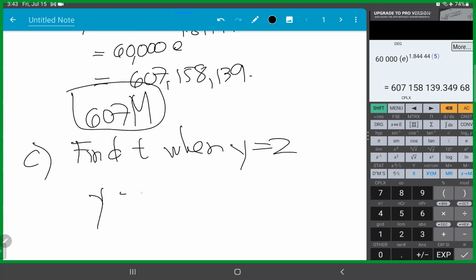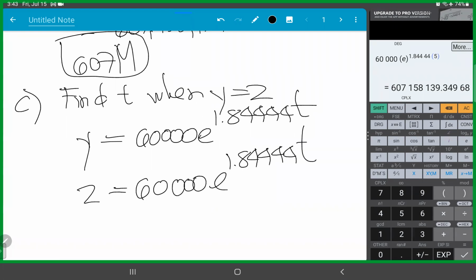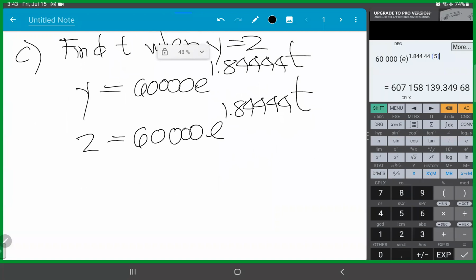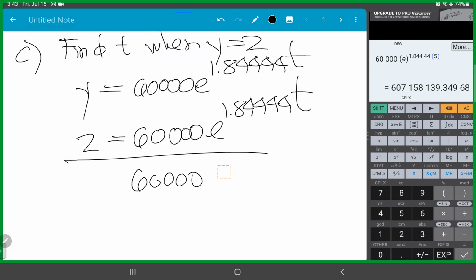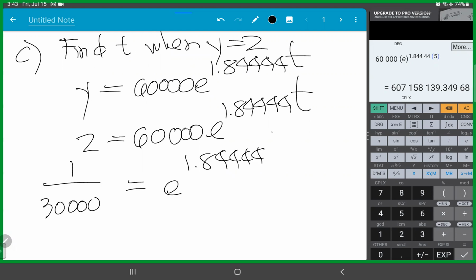So again, y equals 60,000 e to the 1.84444 t. So substitute 2 for y. So that will be 1 over 30,000 if you divide by 60,000, right? So magiging 1 over 30,000 equals e to the 1.84444 t.